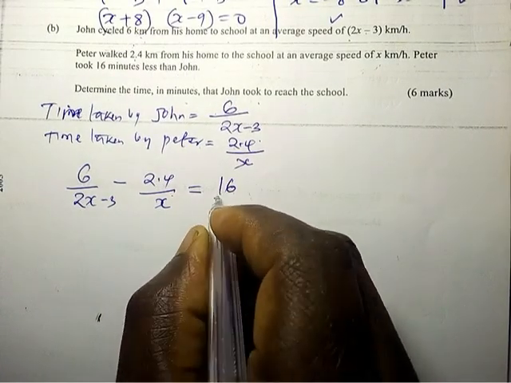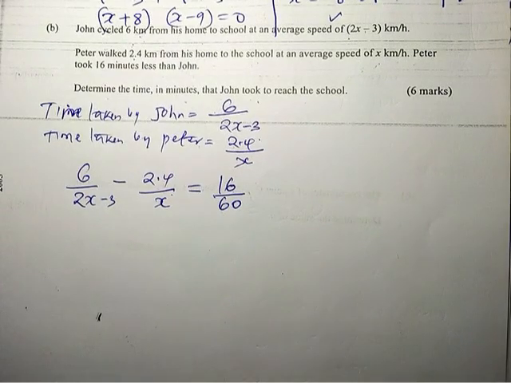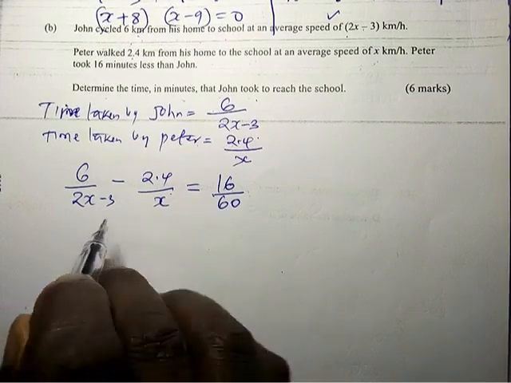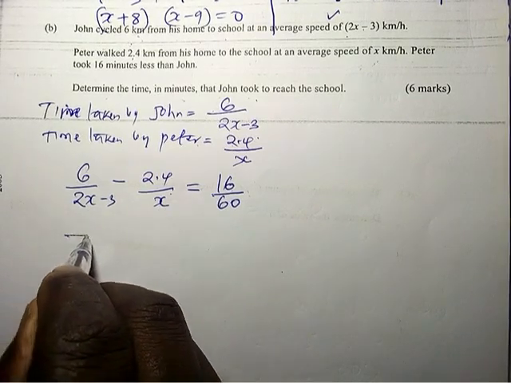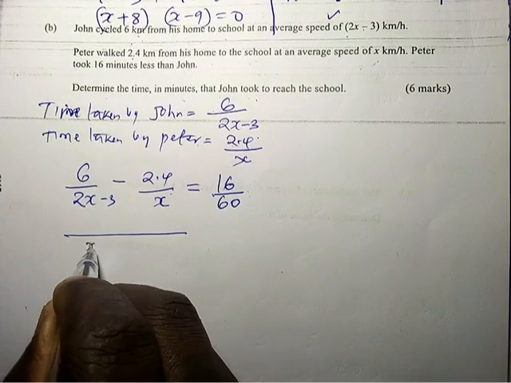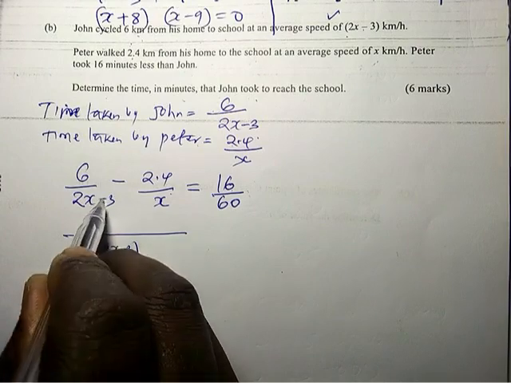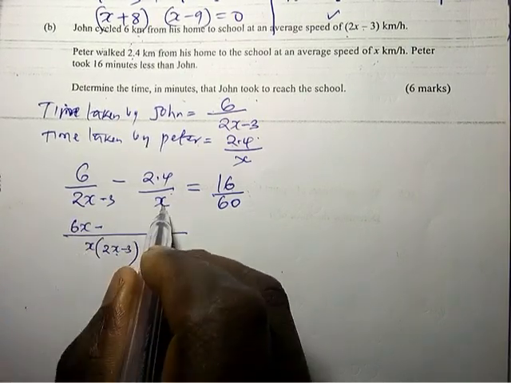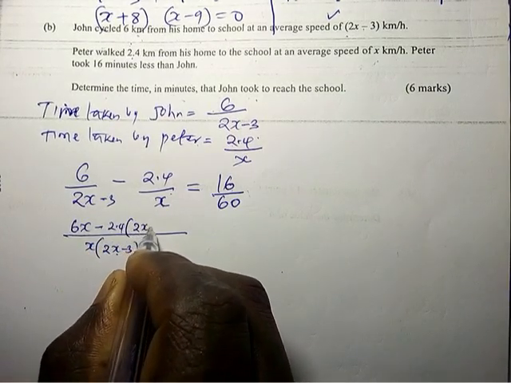16 is in minutes. Now we can put it in hours, divided by 60. So by so doing, we get the LCM. I can get the LCM of this first on this side. This one is going to be x into 2x minus 3. That is the LCM. So we will have 6x minus, this cancels with this, so we will have 2.4 into 2x minus 3.